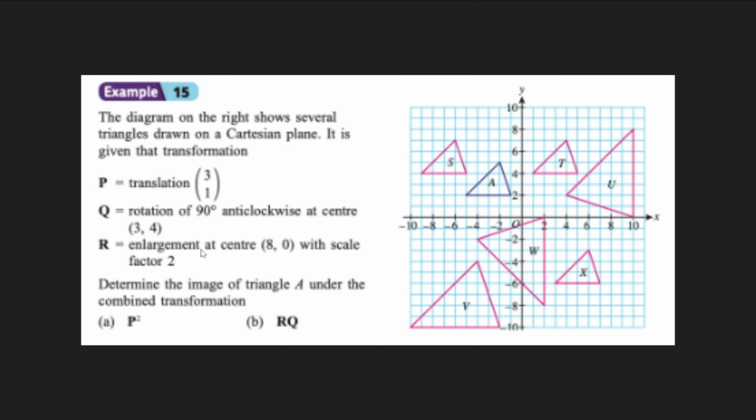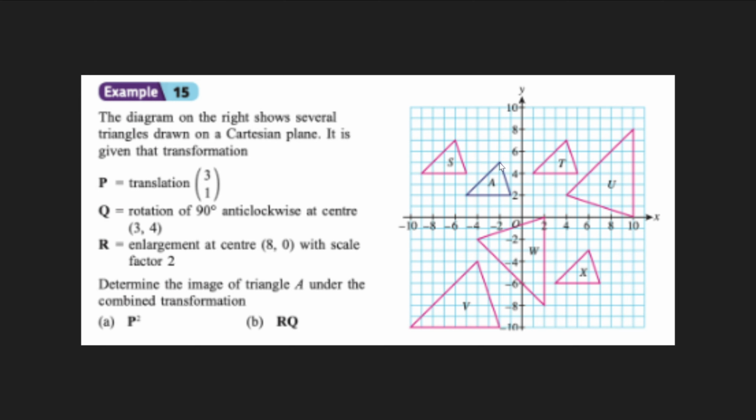So for the first one, determine the image of triangle A under the combined transformation. For triangle A, the first transformation is P squared.